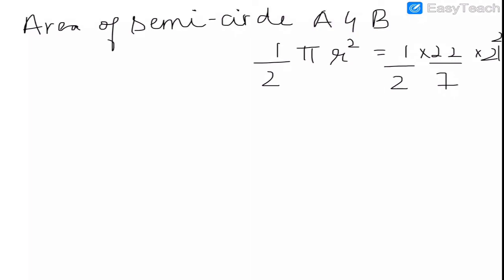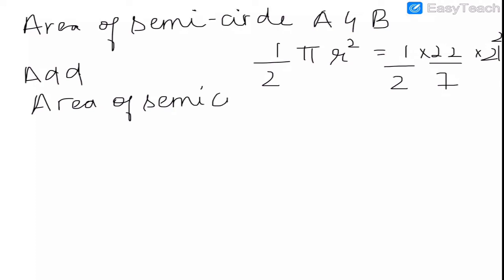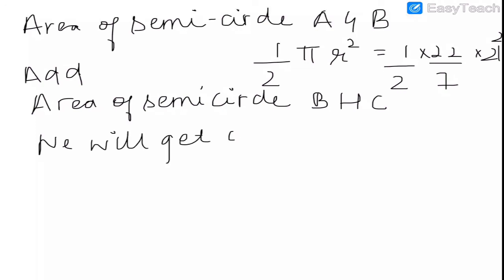And we'll subtract this area from the previous area which we got, and we'll add the area of semicircle BHC, and we will get our required area. Follow the same procedure for the other semicircle also.